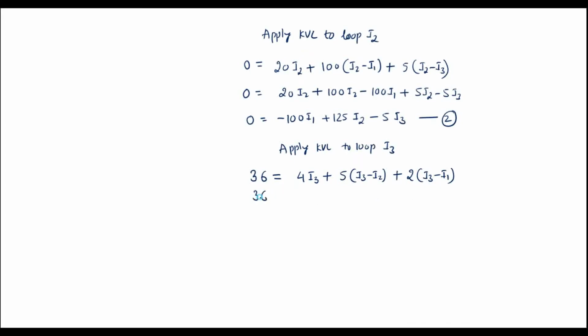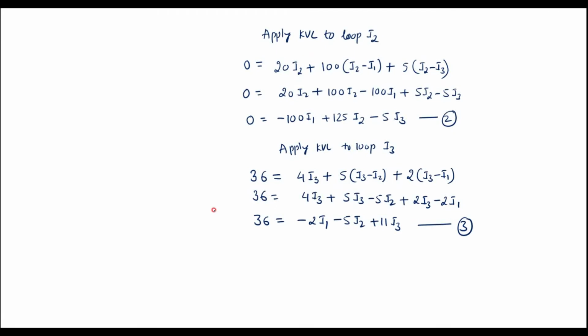Let me simplify. 36 is equal to 4 I3 plus 5 I3 minus 5 I2 plus 2 I3 minus 2 I1. Further I can simplify this as 36 is equal to minus 2 I1, minus 5 I2, and for I3, 4 plus 5 is 9 plus 2 is 11, that is 11 I3. Let me call it equation 3.